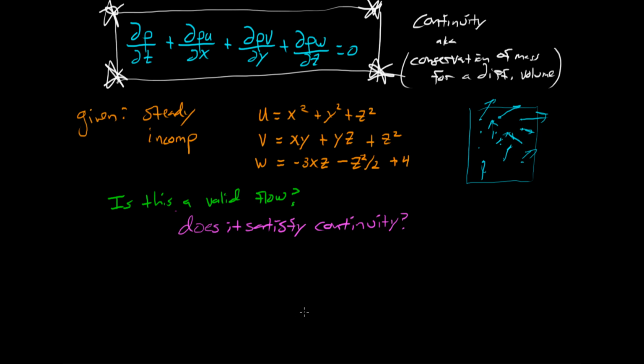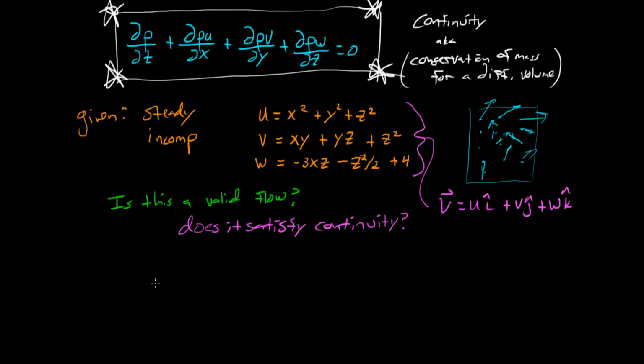Does it follow the law? And just a refresher, all of this put together can be thought of as our velocity field, the velocity vector, which looks like u i plus v j plus w k hat. So let's set about answering that.